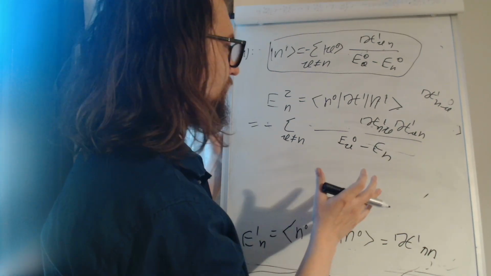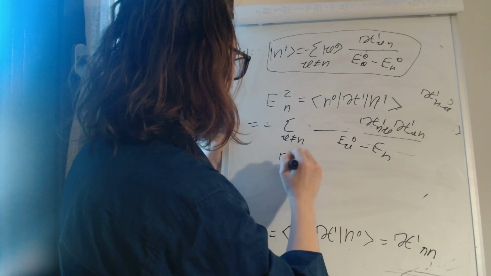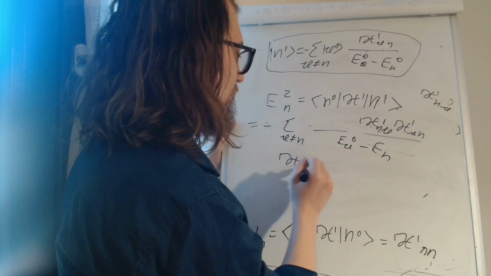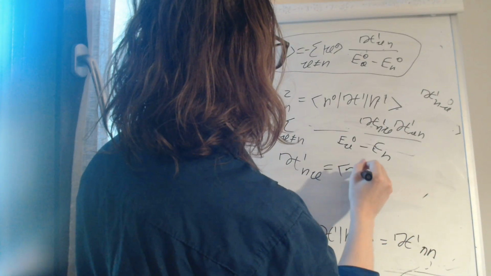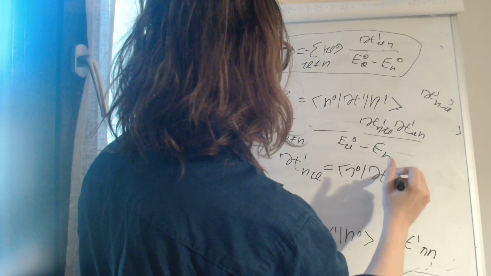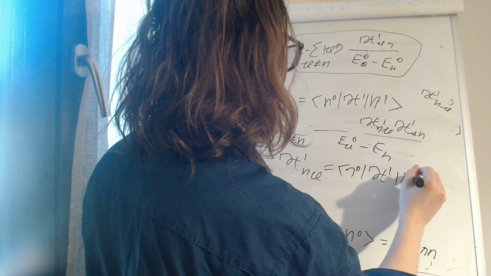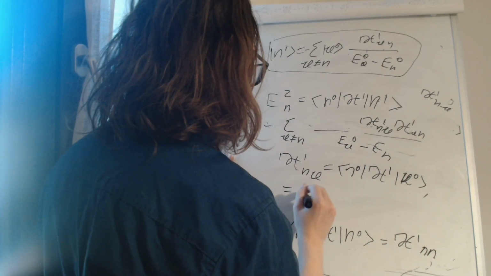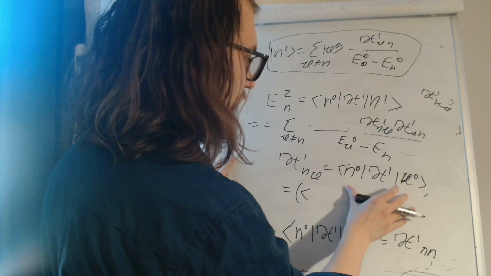I have just skipped the definition, but actually we needed to show that h1 nk, which is n0 h1 k0, is the complex conjugate of this, inverting everything.